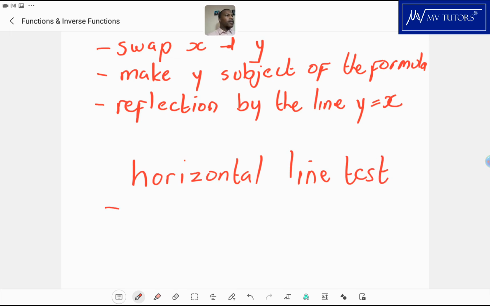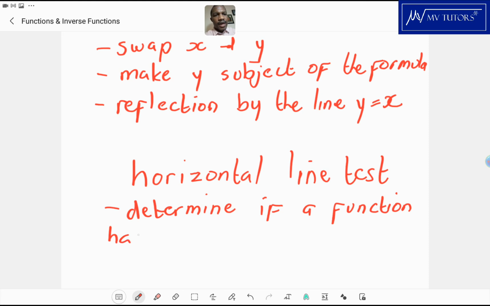Now this one, it actually determines if a function has an inverse that is also a function.